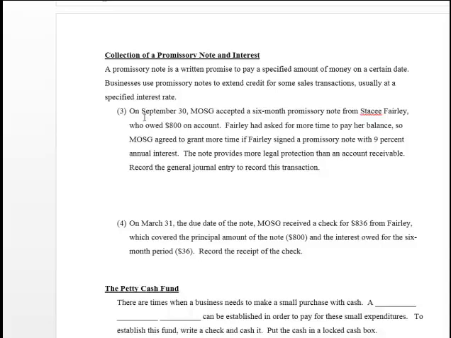So here we have a situation: on September 30, Max Out Sporting Goods accepted a 6-month promissory note from Stacy Fairley, who owed $800 on her account. Fairley had asked for more time to pay her balance, so we agreed to grant more time if Fairley signed a promissory note with 9% annual interest. The note provides more legal protection than an accounts receivable, so we're going to record that transaction.